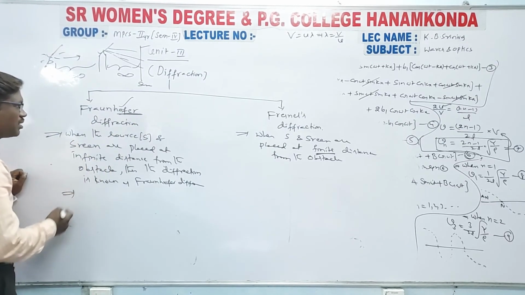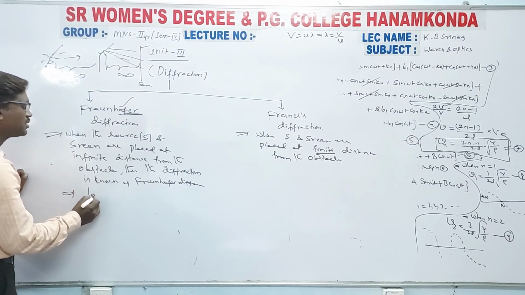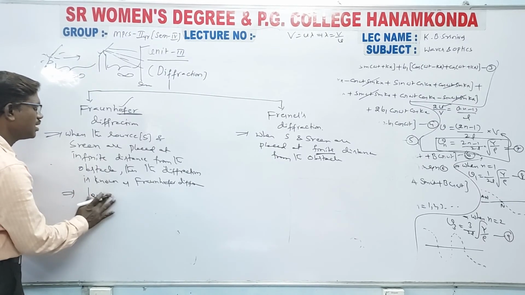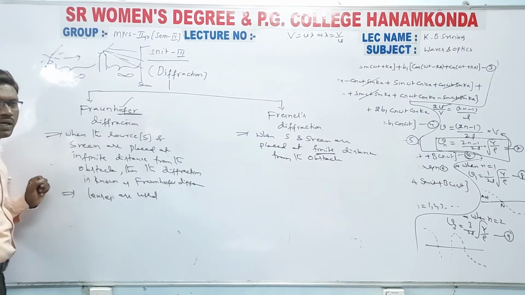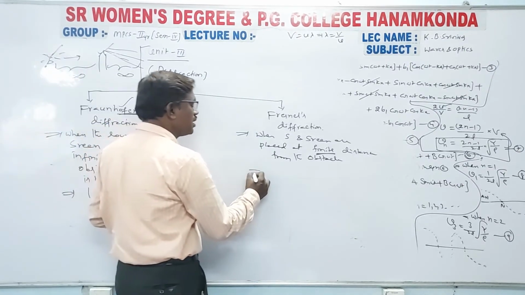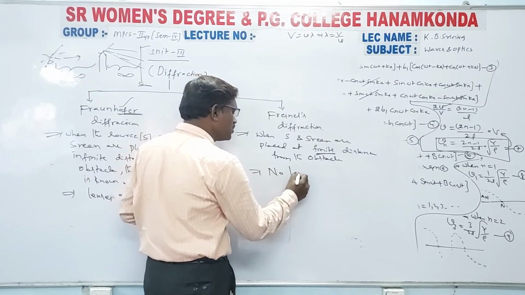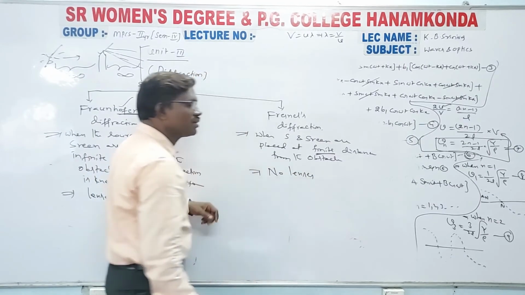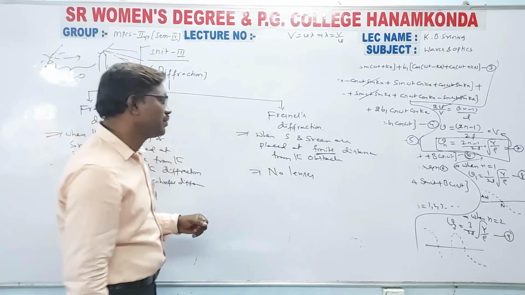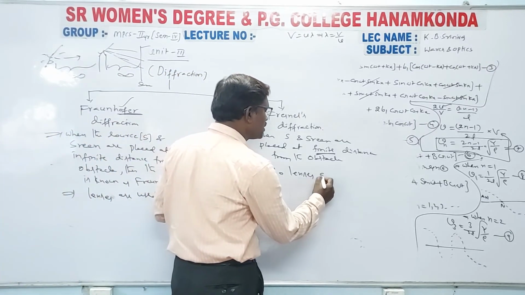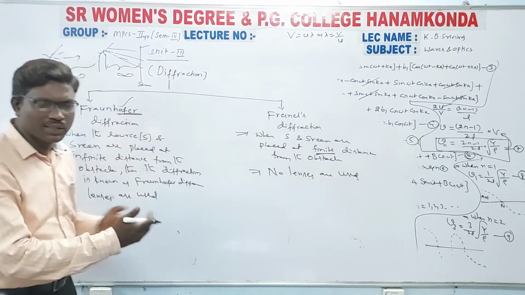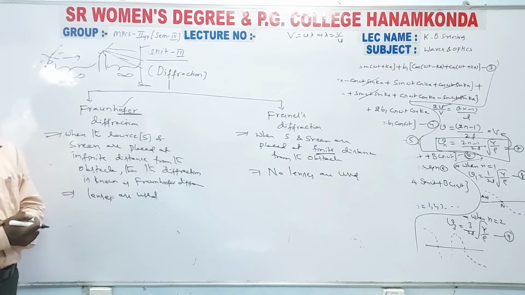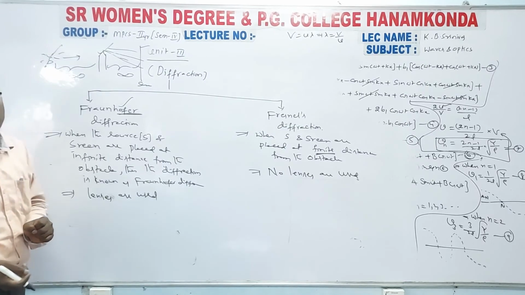During Fraunhofer diffraction, lenses are used. Coming to Fresnel's diffraction, no lenses are used. To get the diffraction pattern using Fresnel diffraction, no lenses are required. Here I am explaining the differences between Fraunhofer diffraction and Fresnel's diffraction.